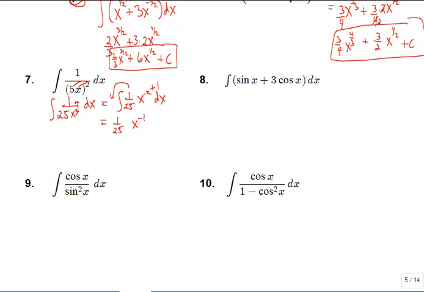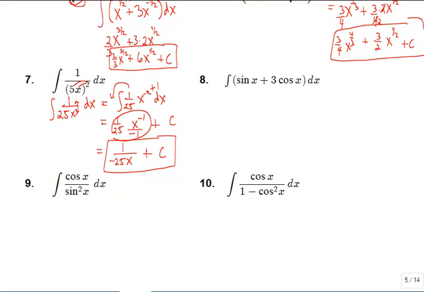And this isn't a fraction, so I'm just going to divide by that new power with a plus c on the side. Now to clean all of this up, that 25 and that negative are going to get multiplied together, so that'll be a negative 25, and this x to the negative 1 could flip back down to the bottom, so there's nothing left in the top but a factor of 1. And then we have our plus c on the side. So there's our final answer.